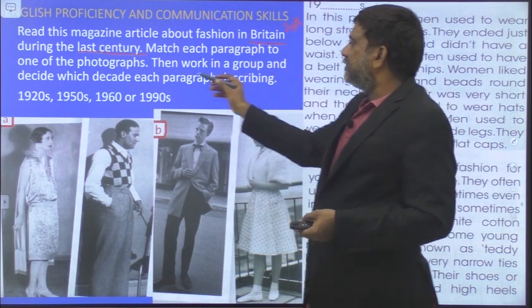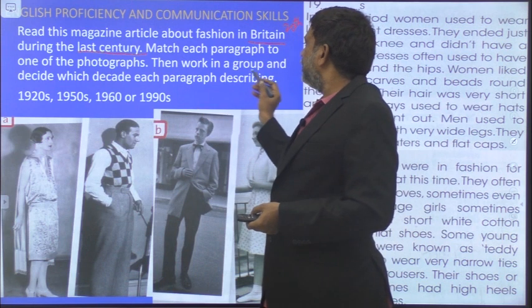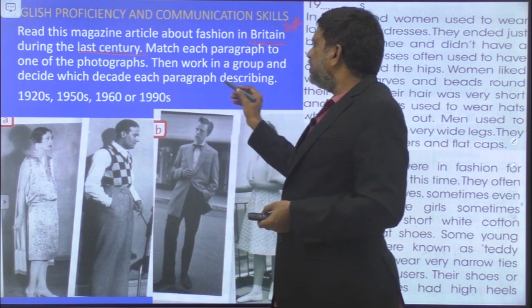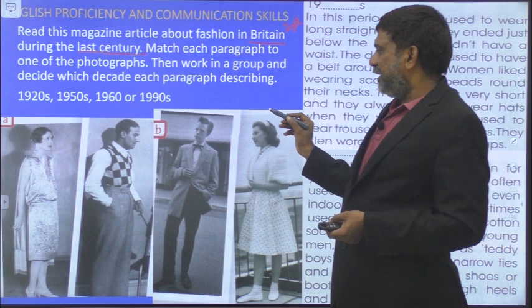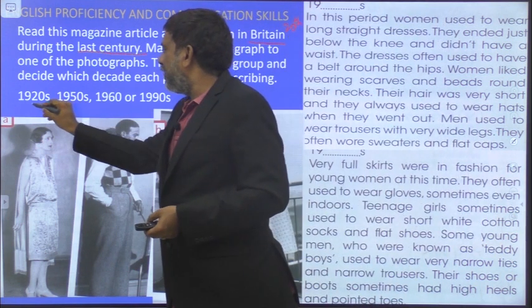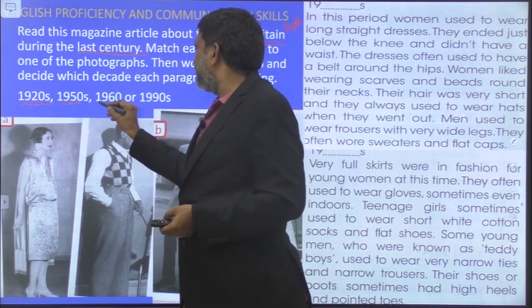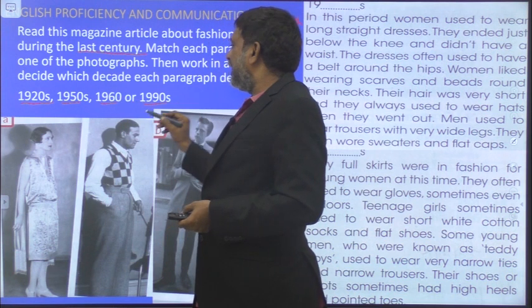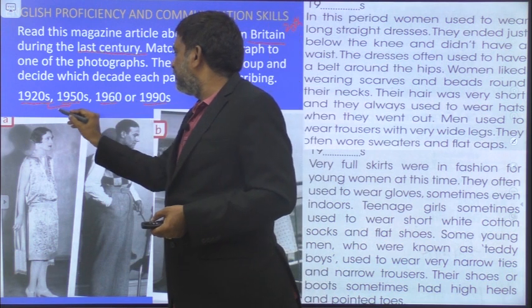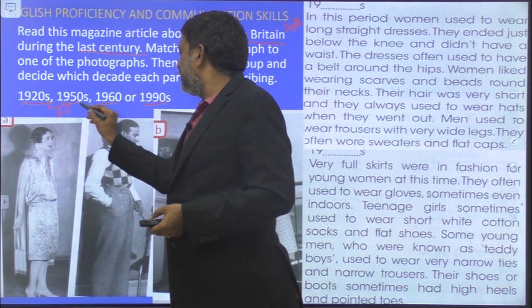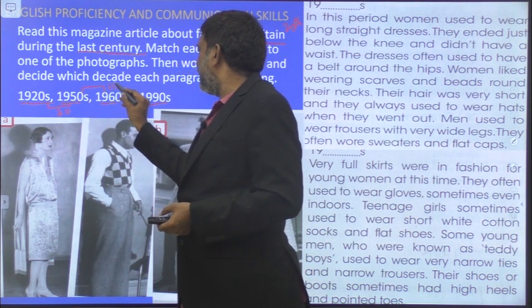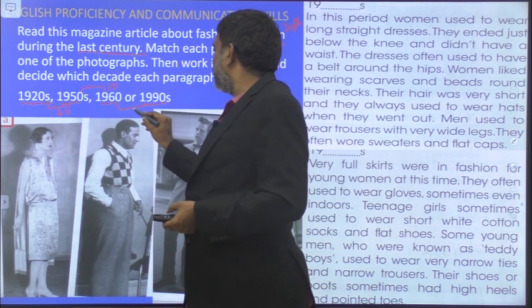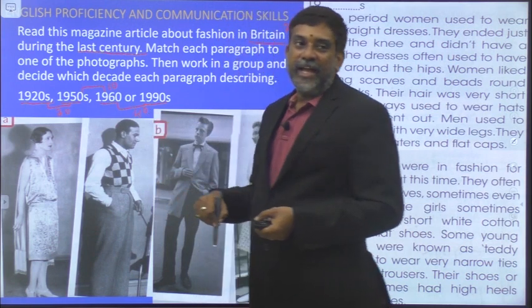Match each paragraph to one of the photographs, then work in a group and decide which decade each paragraph is describing. Here they gave 1920s, 50s, 60s or 1990s. Here we have a 30 years gap, but here only 10 years. And again here we have a 40 years gap.